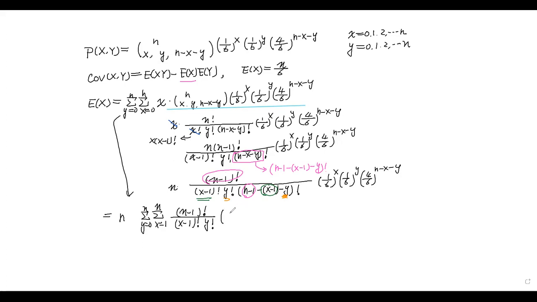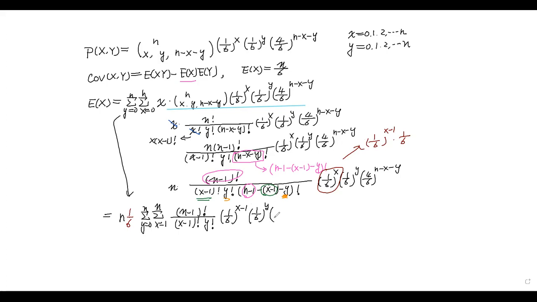And then take a look at this term: 1 over 6 to the x, I can change it to 1 over 6 to the x minus 1 times 1 over 6. So I can move this 1 over 6 to the front. Now in here I have 1 over 6 to the x minus 1.